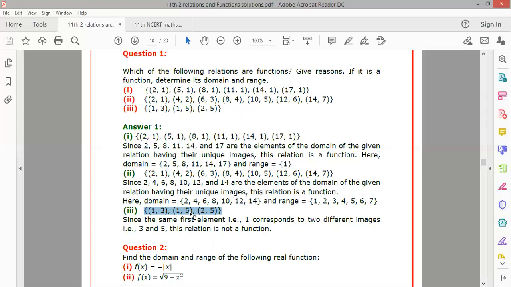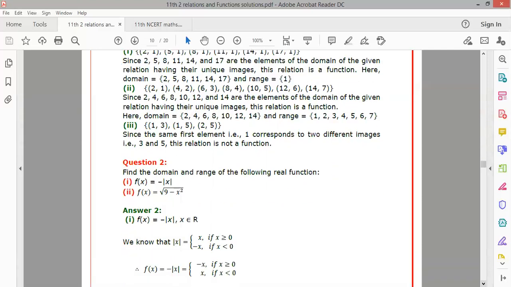So there is one element of the domain that has two images, 3 and 5. So it is not a function, because there is one element in the domain that has two images.